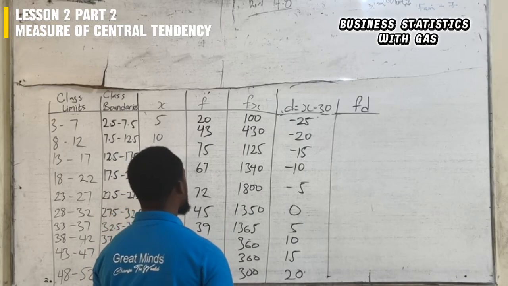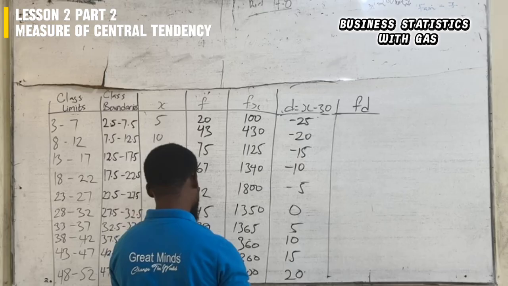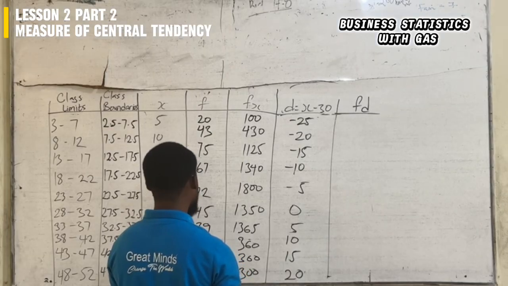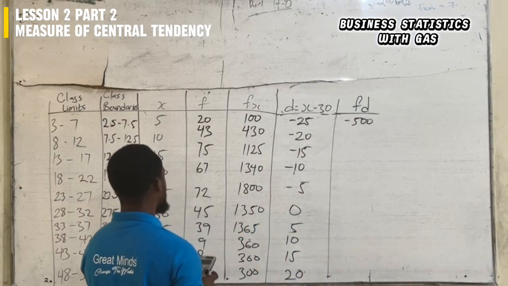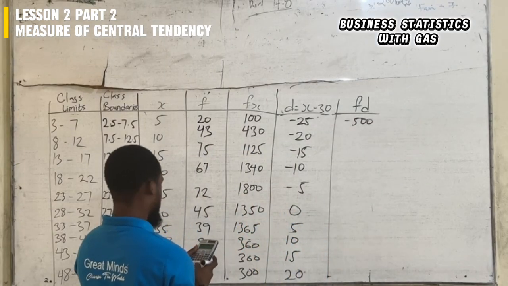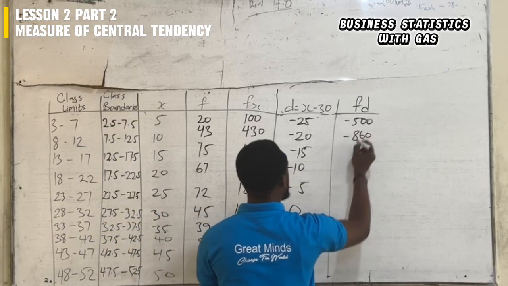With the FD, you multiply your F by your D here. So now let's multiply 20 by negative 25. I'm getting negative 500. Let's multiply 43 by negative 20. I'm getting negative 860.